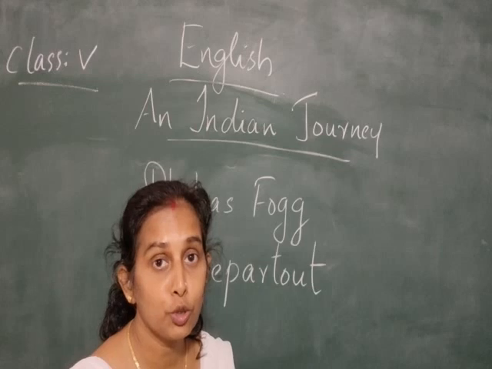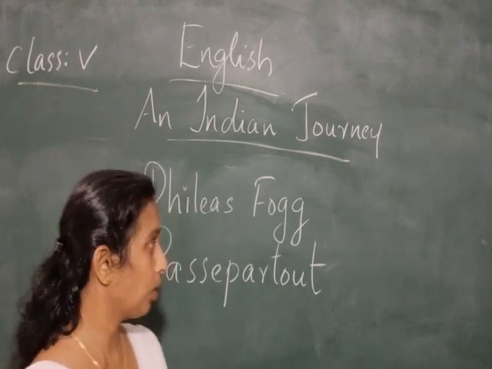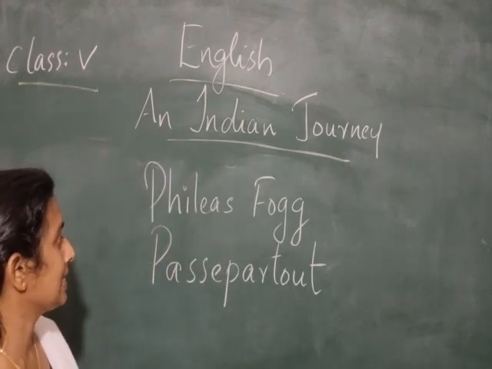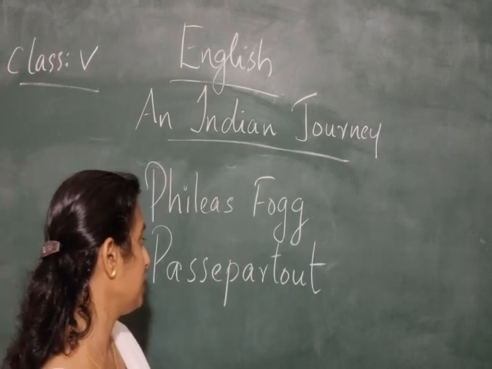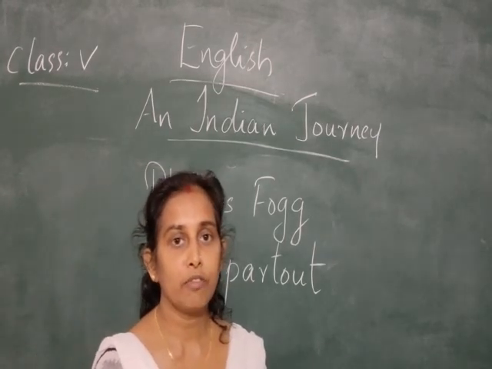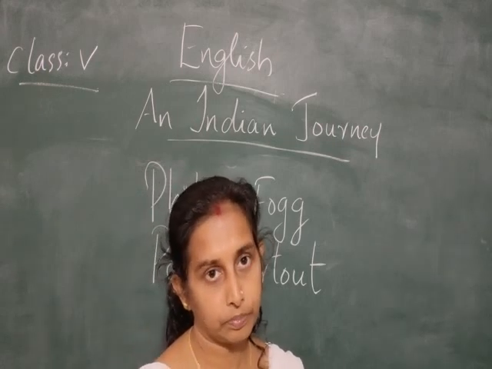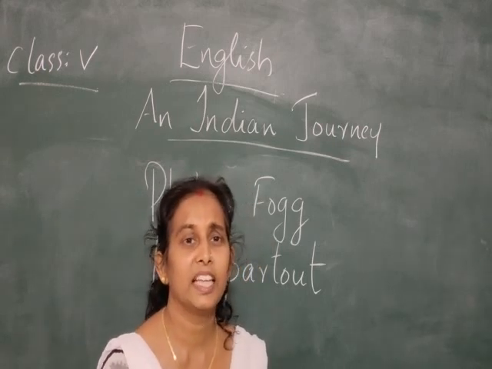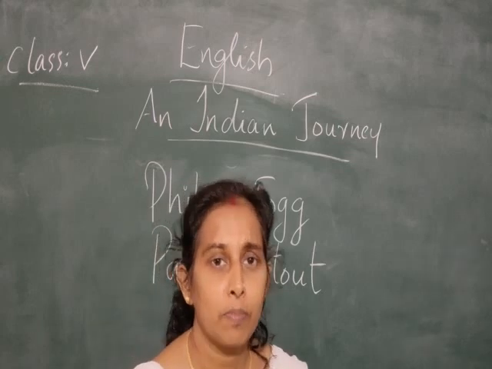Okay, now they are going to travel around the world. Who are going to travel around the world? Phileas Fogg and his French butler Passepartout. They started their journey from Bombay. During their journey, they had to face a lot of obstacles.